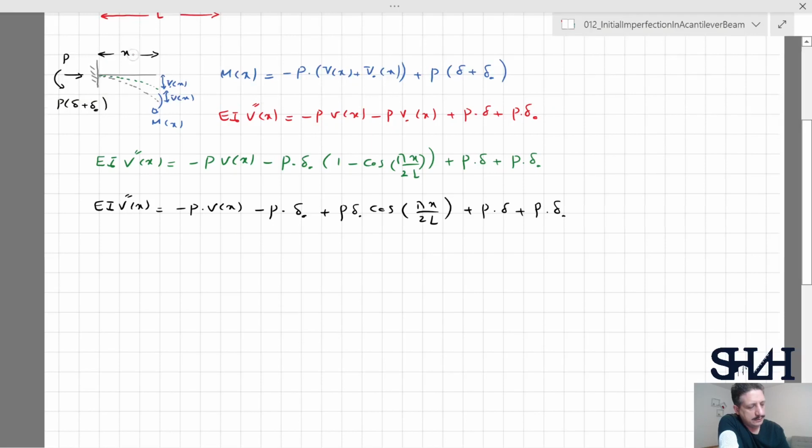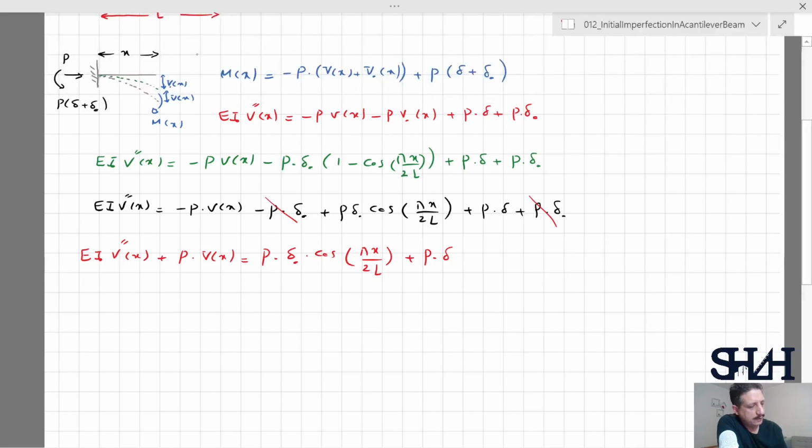And here I can just cancel P delta 0 with minus P delta 0. I can bring this P V at x to the other side of the equation. EI second derivative of V plus P V at x equals P delta 0 cosine pi x divided by 2L plus P times delta.